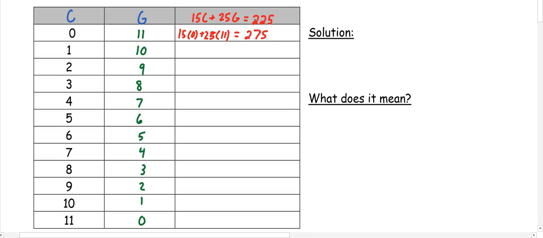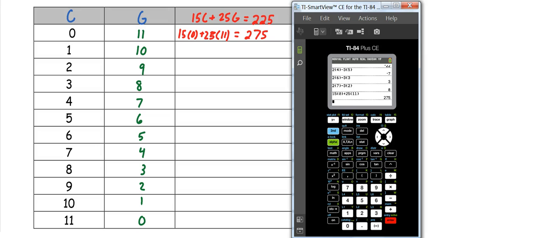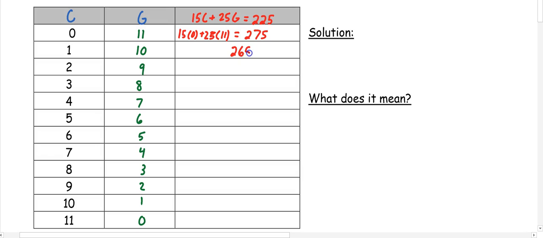And I know that they only made $225, so I have to keep going until I find my answer. So the next row then, we have 15 times 1 plus 25 times 10. And I get $265. So now a couple of things can happen.